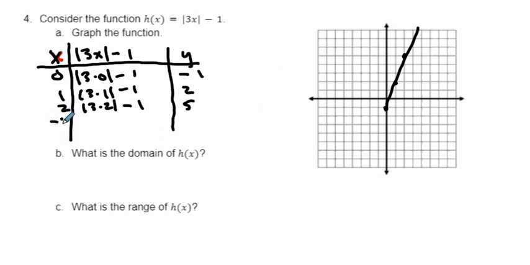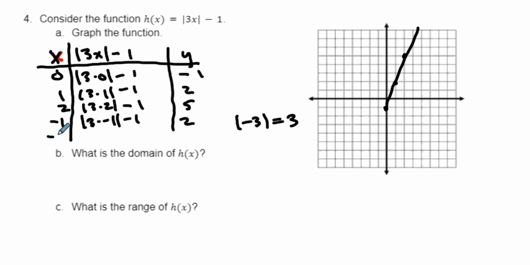So let's do negative 1 now and see what happens. Well, you have 3 times negative 1 minus 1. 3 times negative 1 is negative 3. But this absolute value sign makes it positive, because the absolute value of negative 3 equals 3. So you have 3 minus 1, which gives us the same as what we had up here, which is 2.